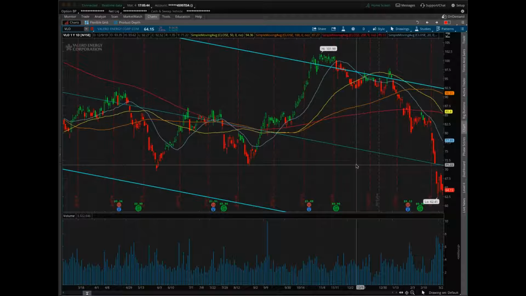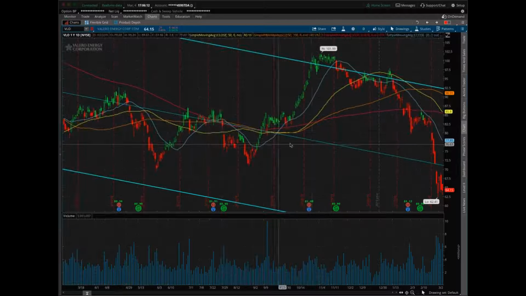On the average of 100 days of trading, we are the weakest. On the average of 50 days trading, we're the weakest. On the average of 20 days, we're the weakest, right? So we are the weakest across the board on Valero currently.